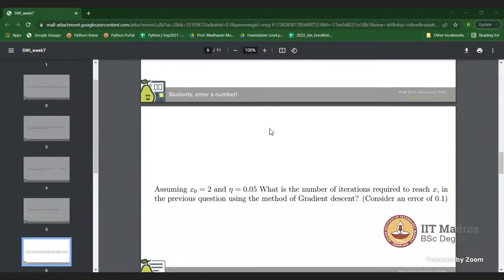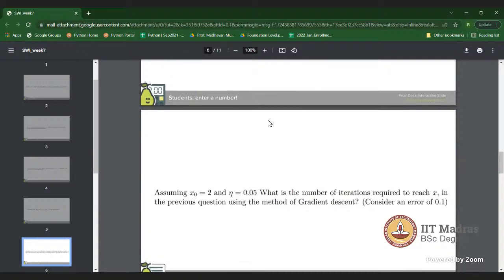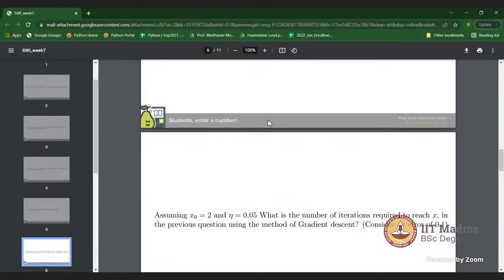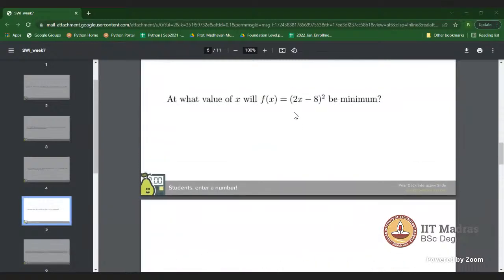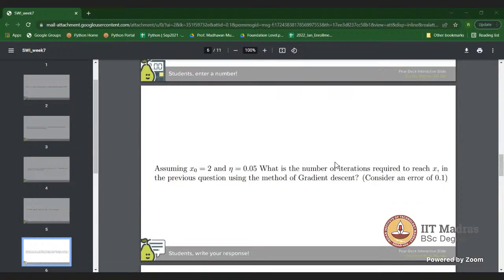Like, we calculate the value of f of x at 4, which is 0. After each iteration, you can calculate f of x, and if that f of x is within the range of plus or minus 0.1, then we can consider that particular x value a solution according to gradient descent. Okay, sir.